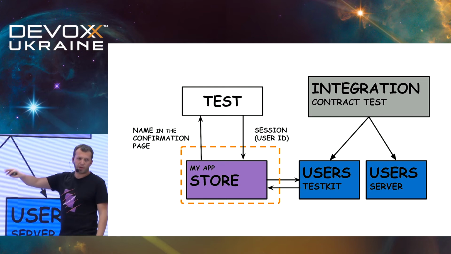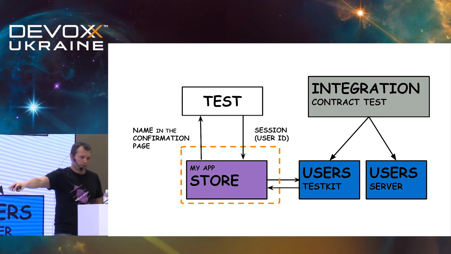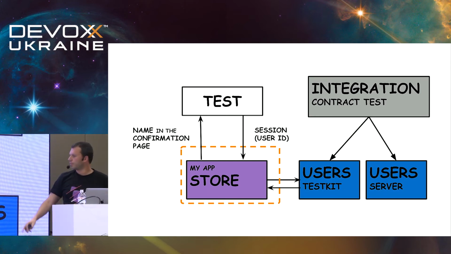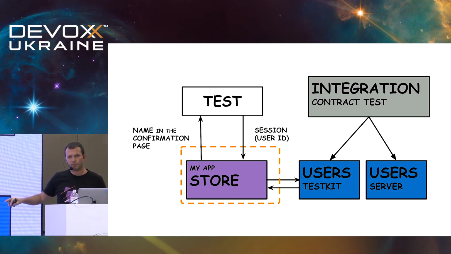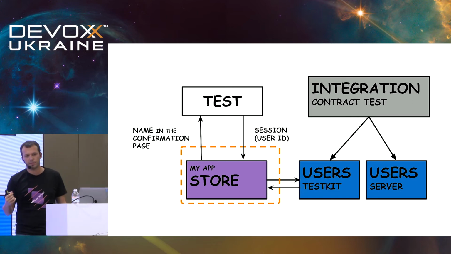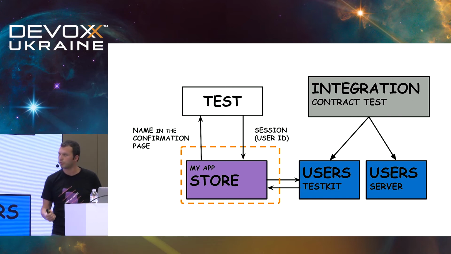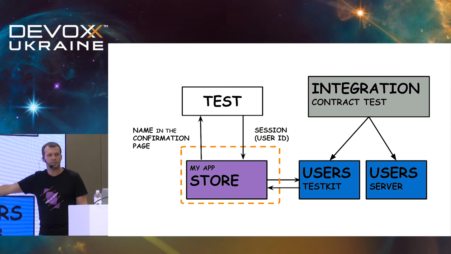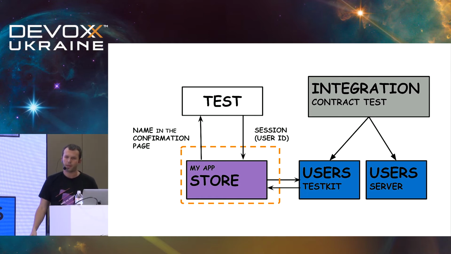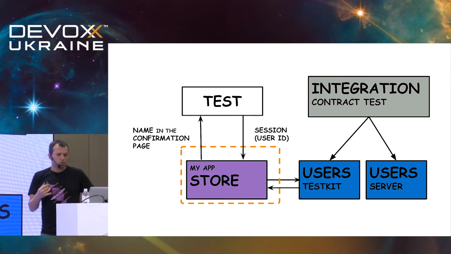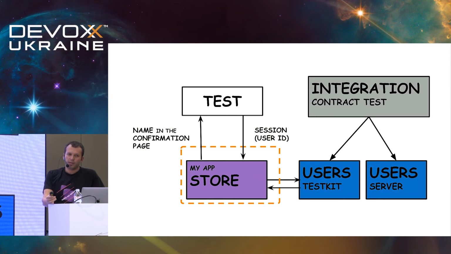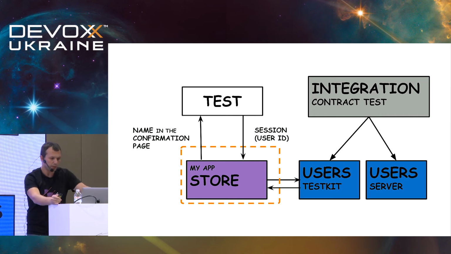When the store application runs its tests, they want to be sure that if it works in test, it will work in production. And they can be sure, because they know that I have this integration contract test. So there is really high confidence here that if it works in tests, it also works in production. And that's the key point here.